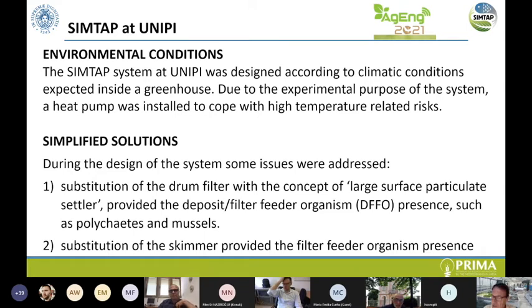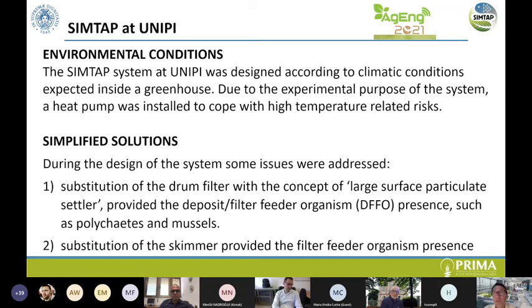Another concern is the target technology level of the system. Our target level is intermediate, so we don't want very high technological devices removing all the wastes I talked about before.